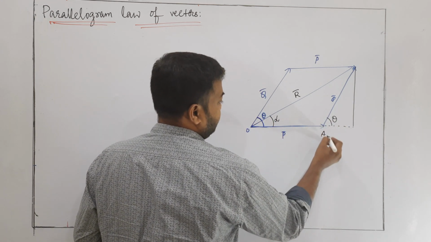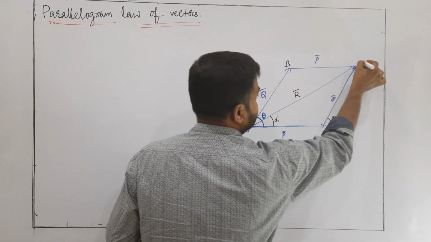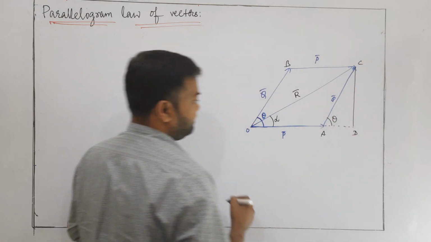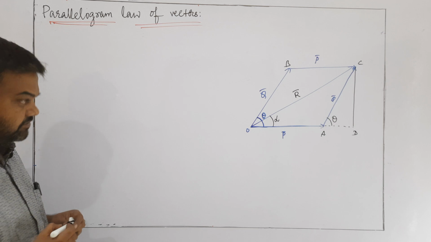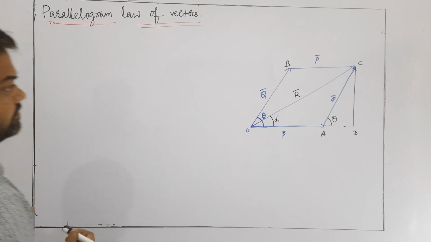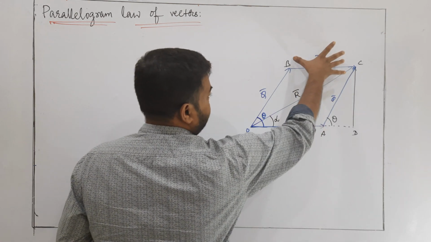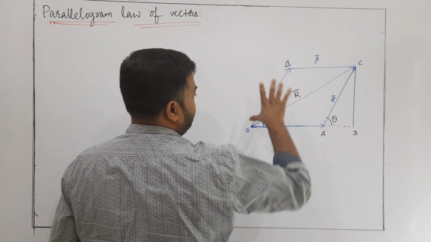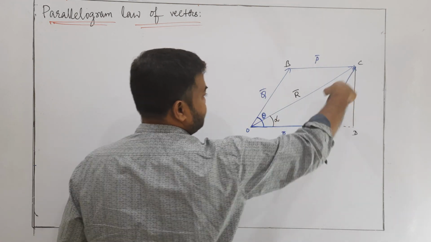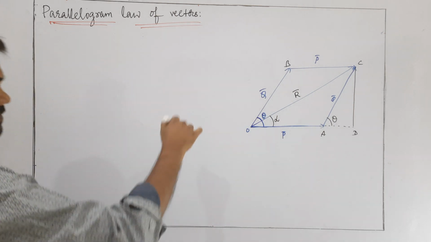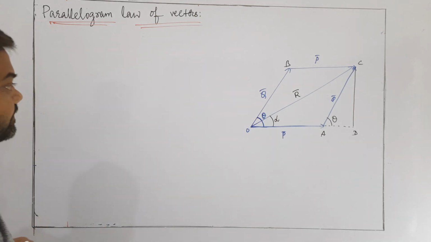O, A, B, C, D. Like this we have to take the values. OA and BC is P bar, OB and AC is Q bar, OC is R bar.